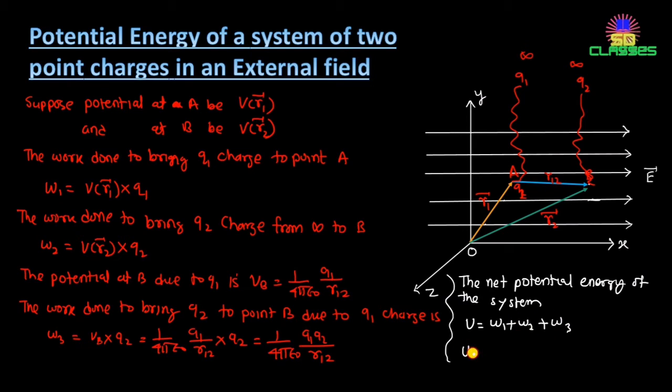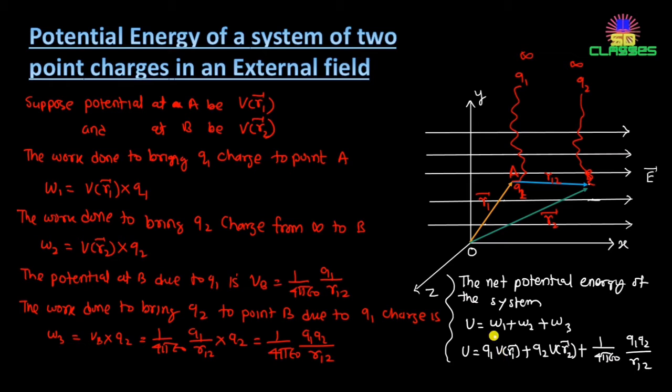So this will be equal to q1 V(r1 vector) plus q2 V(r2 vector) plus 1 by 4 pi epsilon naught q1 q2 by r12. So we have three terms here.